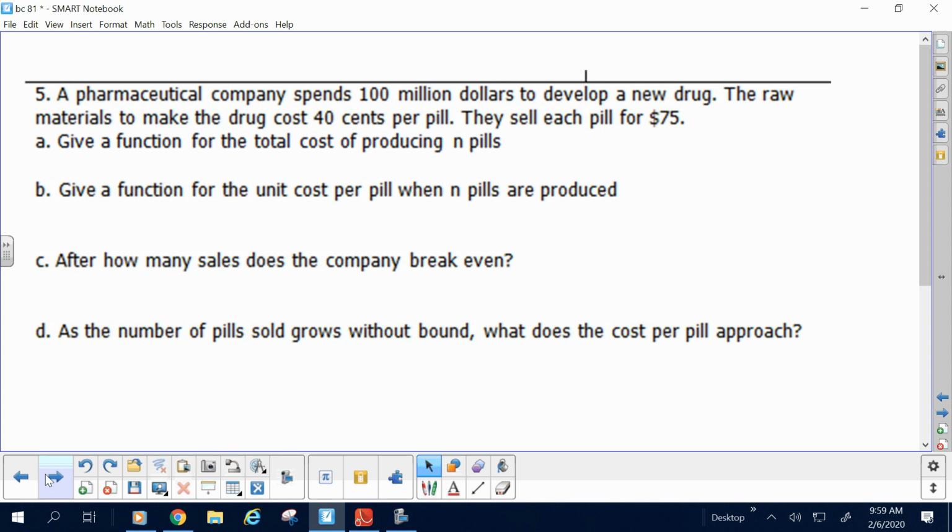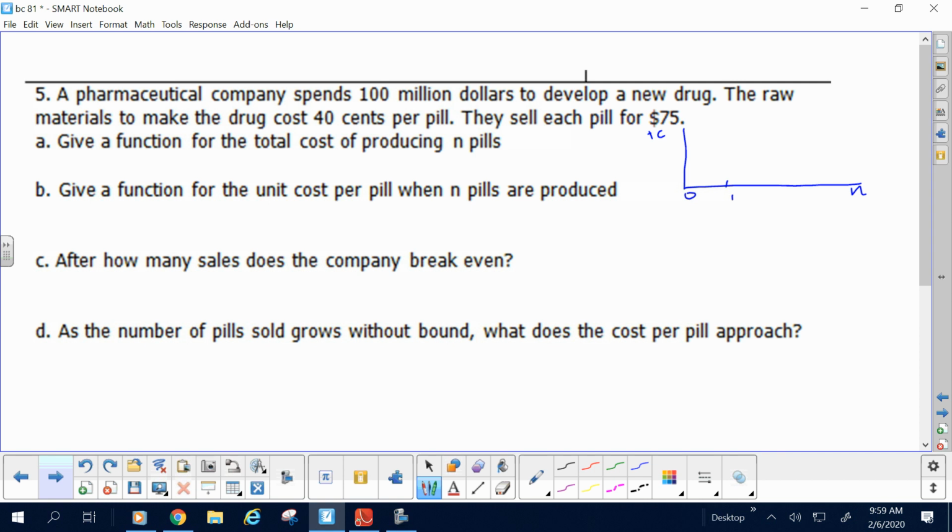Let's talk about the math. What's the cost of producing N pills? 0.4. Okay, let's do a quick doodle here. Here's N, and here's the total cost. At 0 pills, what's the total cost? Total cost of making 0 pills. $100 million.